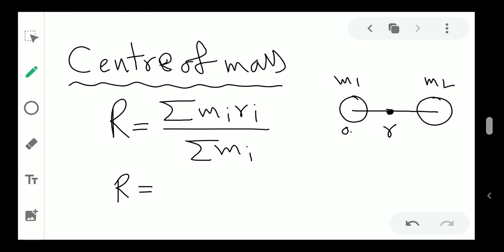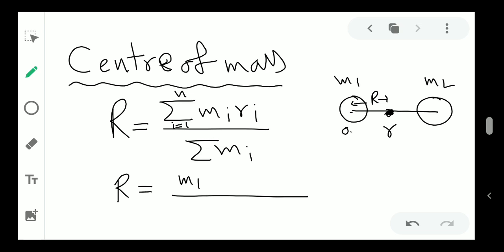So this is my center of mass, and this is the distance r from the origin. What I will write is, because summation means adding up, m i r i, where i runs from 1 to n, the number of particles. So first this will be m1 into r1.